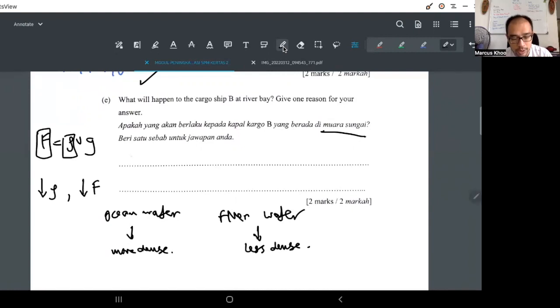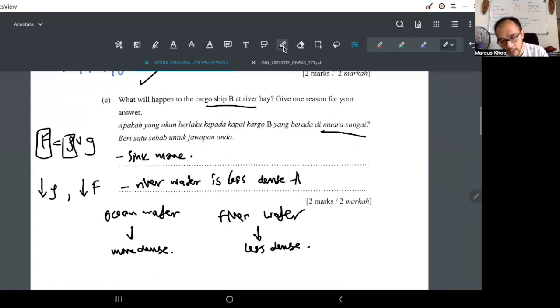Cargo ship B will sink more. Okay, cargo ship B will sink more. Why? Because river water is less dense than the ocean. Okay, ocean produces a bigger buoyant force.